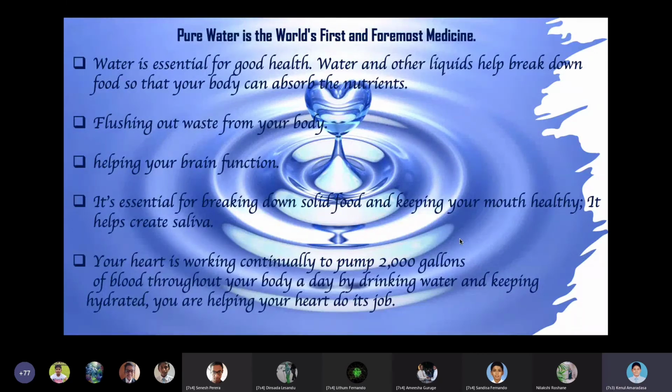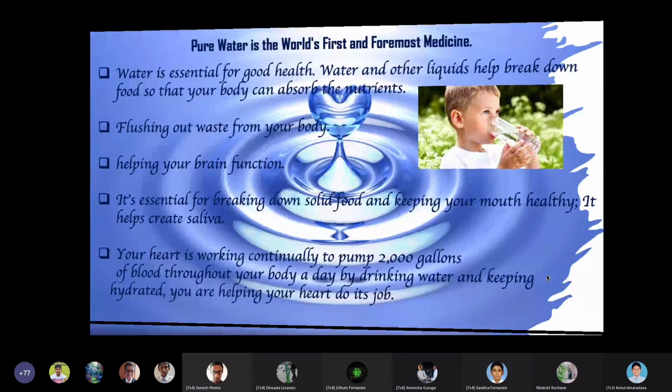It is essential for breaking down solid food and keeping your mouth healthy, and it also helps create saliva. Did you know that your heart is working continually to pump 2000 gallons of blood throughout your body a day? By drinking water and keeping hydrated, you are all helping your heart to do its job.